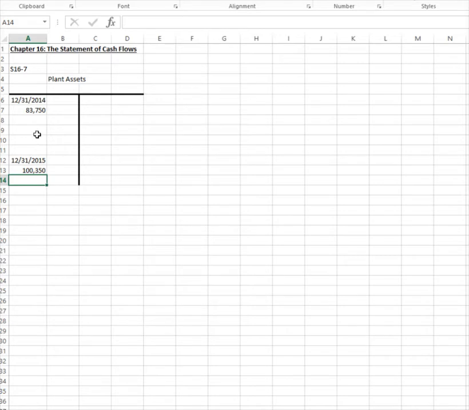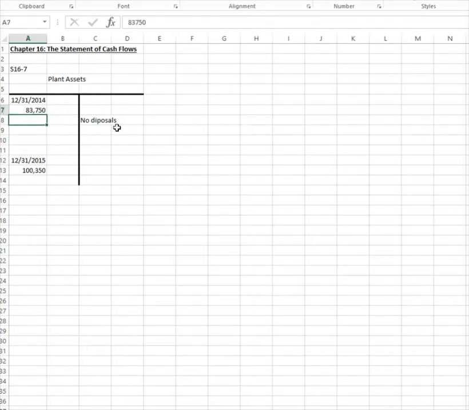Okay, so even though we didn't get a specific outline of exactly what was acquired during the year, we can just deduce the amount of plant assets that were acquired during the year, because we were given the information that there were no disposals. So we know that the right side of the T-chart, the credit side, is going to have no information on it.